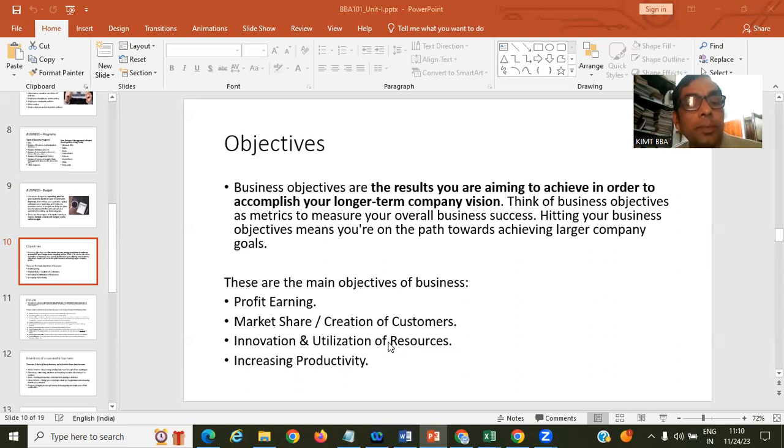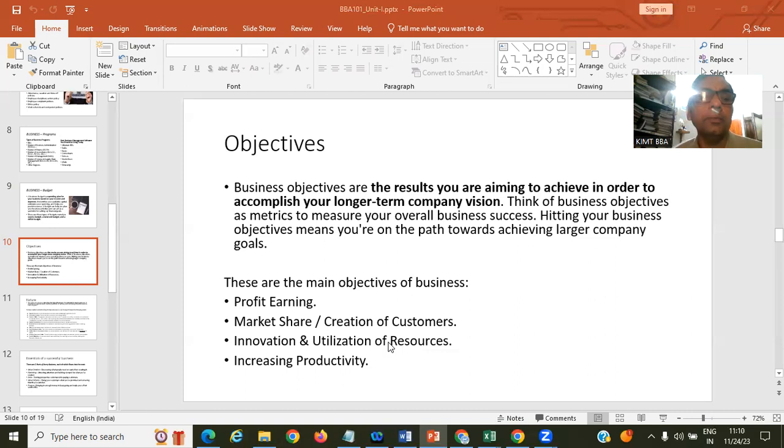Suppose you have a business of pickle making. You are cutting 5 kilos of mango today. This season you are cutting 5 kilos every day. Next season you are cutting 6 or 7 kilos. How will you do it? Because you learned how quickly you can cut it, how quickly you can peel the mango.